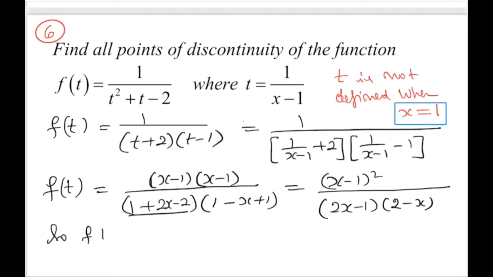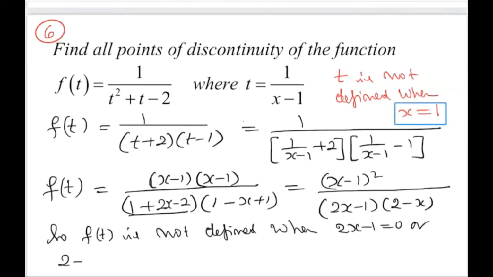So f of t is not defined when 2x minus 1 equal to 0 or 2 minus x equal to 0. That is when x equal to 1 by 2 and x equal to 2.